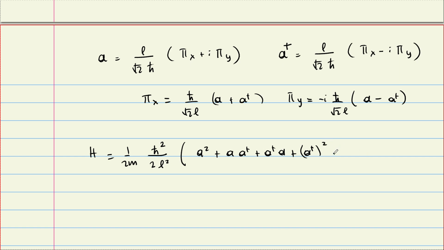And similarly here there's an overall minus, so this is going to be minus a² plus a a† plus a† a minus a†². So this is the bracket. So this a² is going to cancel this, and this one is going to cancel this.